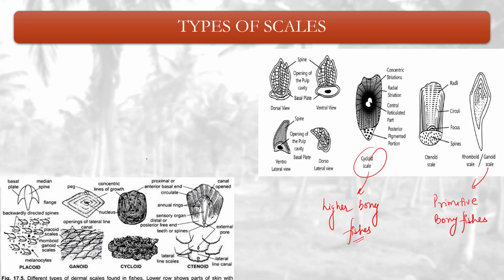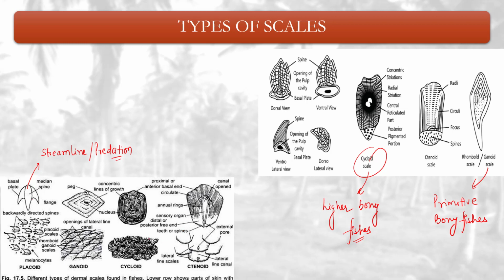In case of placoid scale, there is a median spine which is having a flange. These flanges are helpful in streamlined motion. They cut the water current very easily, as well as for predation. Okay, so there are different types.